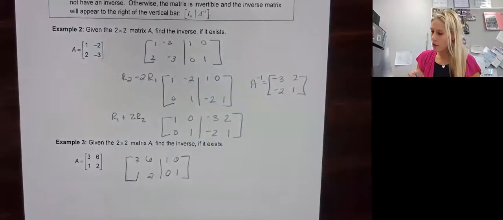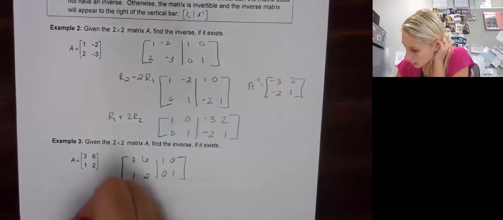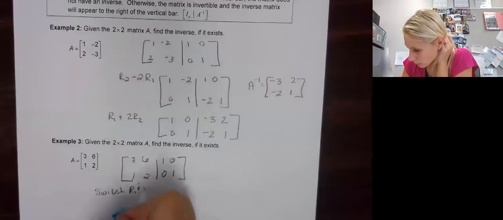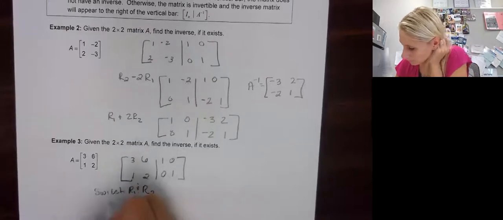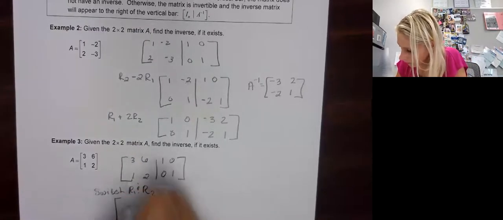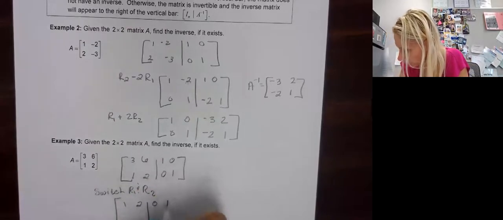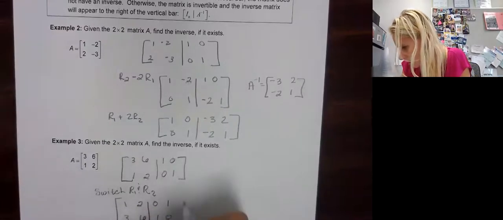All right, so first thing I'm going to do is switch row 1 and row 2 because I like that 1, but I like it up there. All right, so 1, 2, 0, 1, 3, 6, 1, 0.